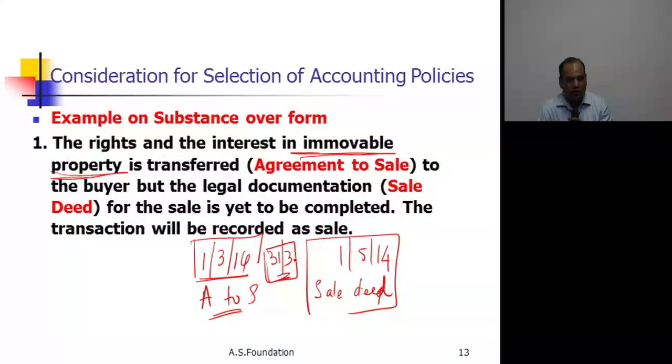It will be recorded as a sale and purchase, because in substance the ownership has been transferred, even though in the eyes of law the ownership may not have been transferred. 1st April को एक आदमी ने पेमेंट कर दिया, दूसरे पार्टी ने पोजीशन दे दिया, आप वहां जाके मालिक की तरह रहने लग गए, लेकिन सिर्फ ये जो सेल डीड है ये अगली साल रजिस्टर हुआ. तो जो पेमेंट किया है एक पार्टी ने दूसरी पार्टी को, उसे एडवांस दिखाना है या पेमेंट टुवर्ड्स परचेज ऑफ प्रॉपर्टी दिखाना है? Yes, payment towards purchase of property. Substance over form.